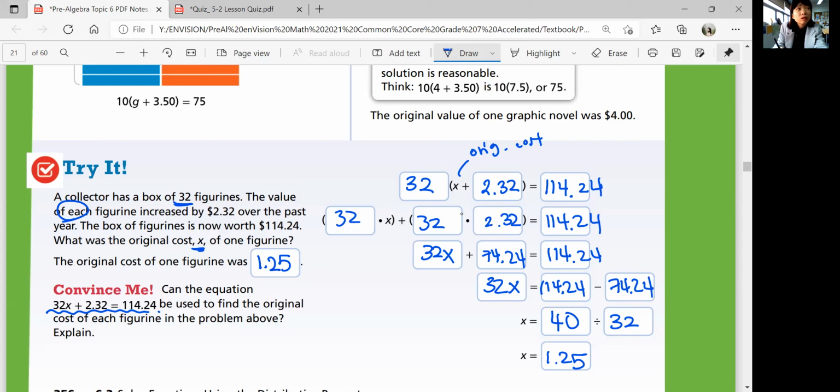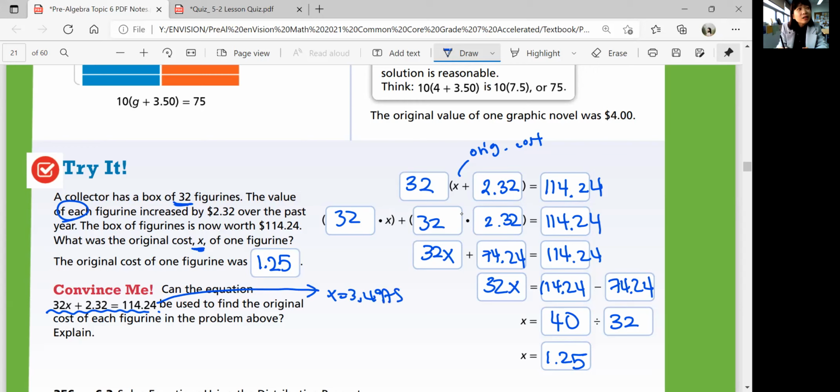No. You can check by subtracting 2.32 from 114.24, and then you can divide it by 32. For this one, you get x is 3.4975.